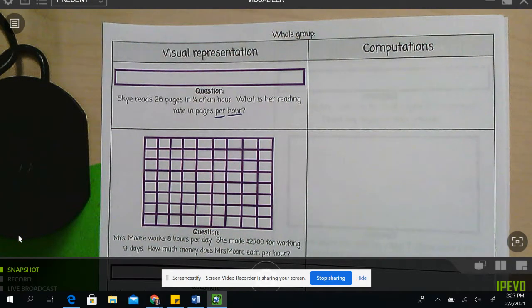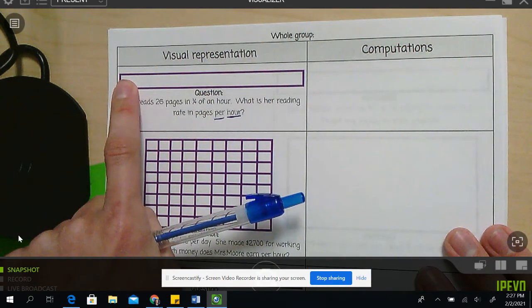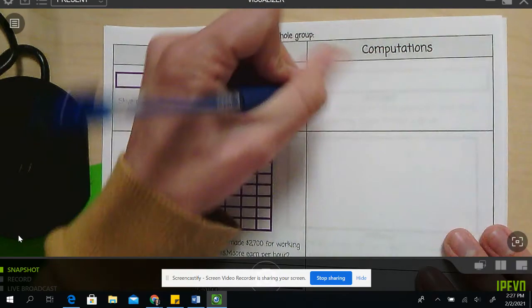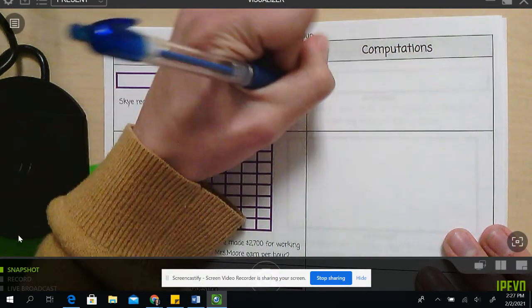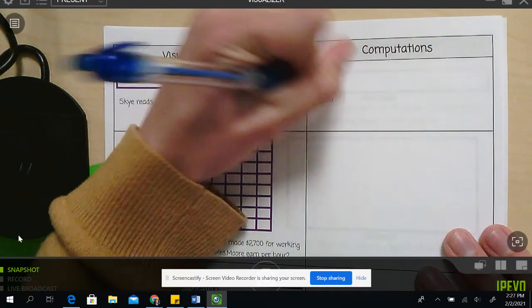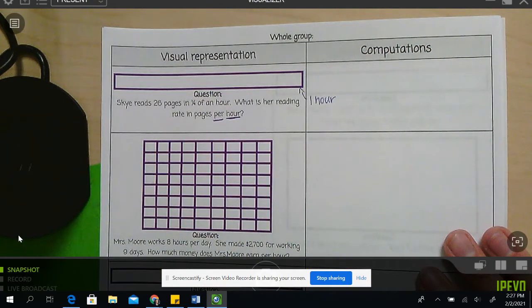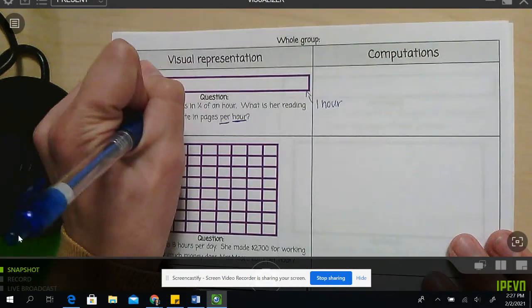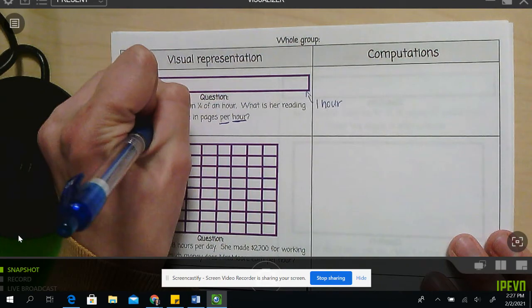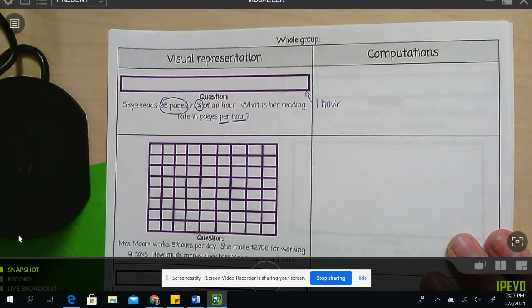So the unit here is going to be 1 whole hour. So this bar that we have is going to represent 1 whole hour. So if you want to make a little note that the whole thing is going to represent 1 hour, that would be helpful.